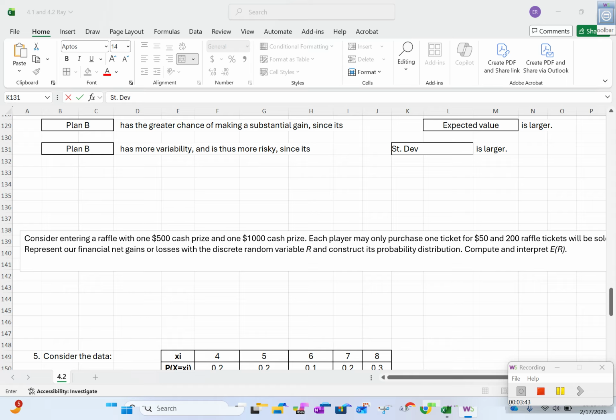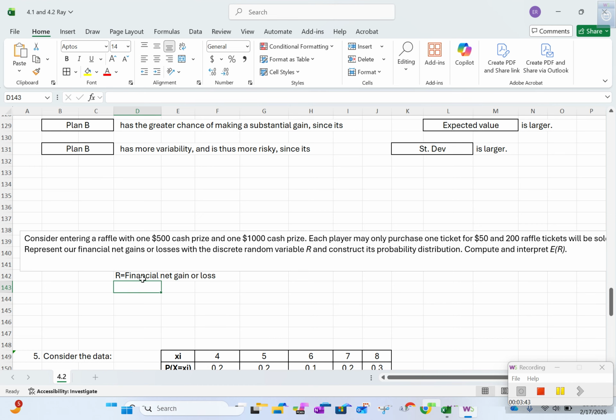We want to represent the financial net gains or losses with the discrete random variable R and construct its probability distribution. So the first thing, okay, is they tell us that R is representing our financial net gain or loss.